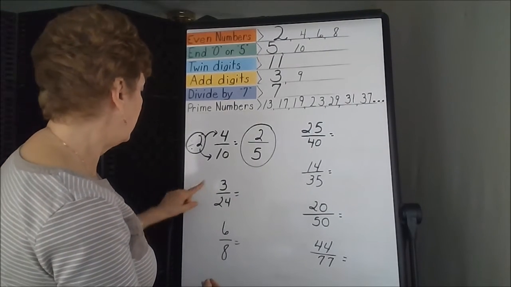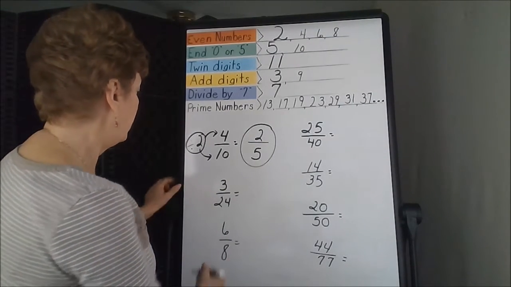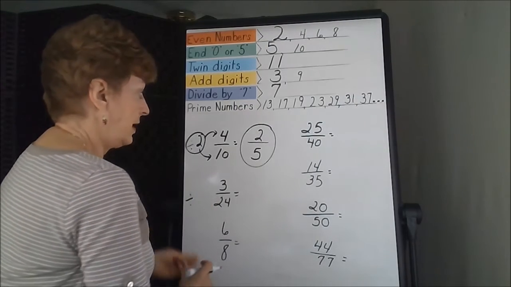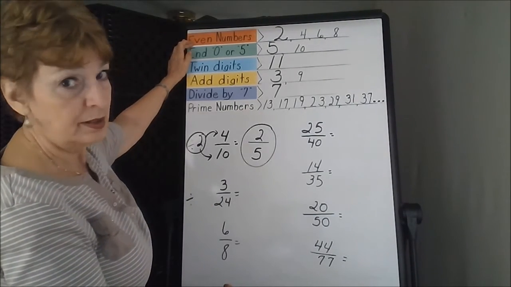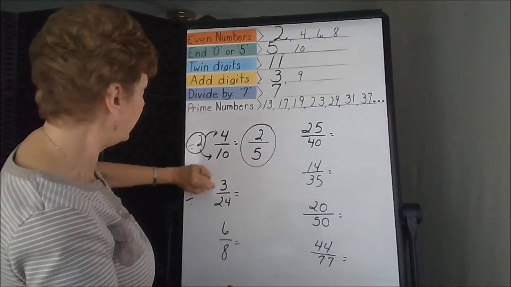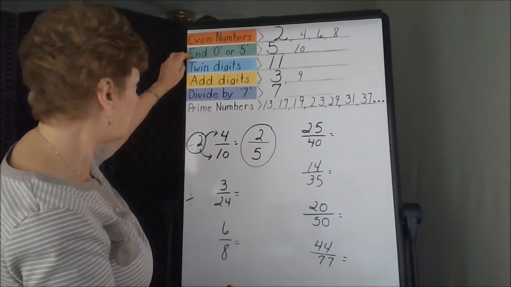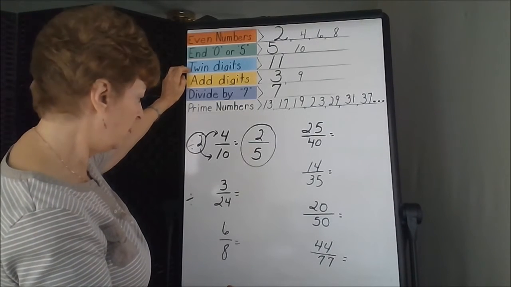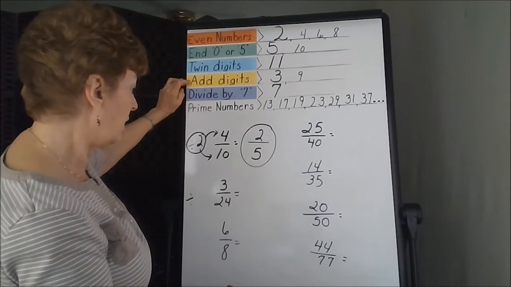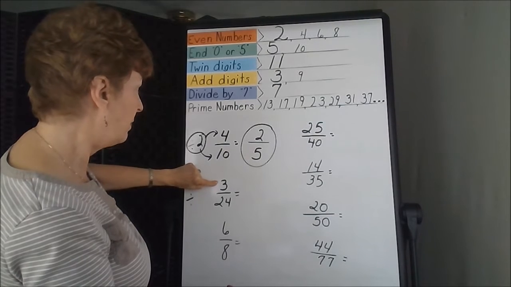If we went on, 3/24, we're going to divide by something. Are they both even numbers? No. 3 is odd. Do they end in a 0 or a 5? No. Are they twin double digits? No. Will 3 work? Well, we know 3 works in the top because it's 3.